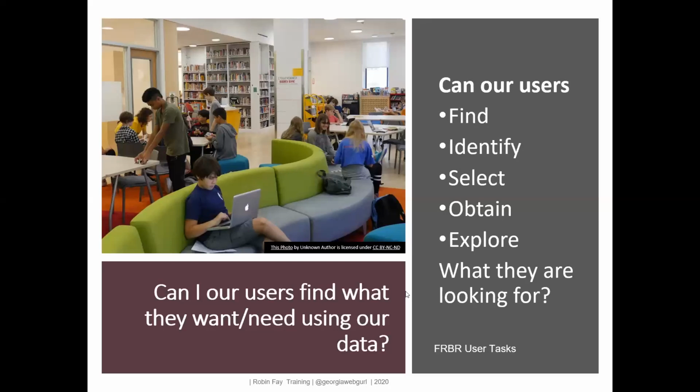Do we facilitate this process of our users being able to find and actually be able to get those items that they want and need? Do we, with our data, facilitate this exploration and being able to browse and find other related things? We haven't done the last one too well yet, but we are looking at ways to do that. We'll talk a little bit about that more in part 2.